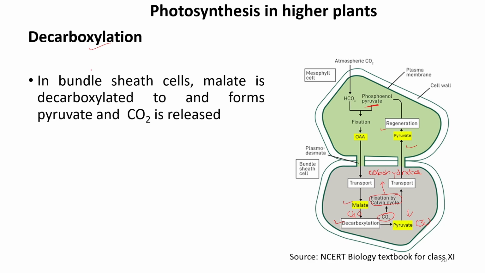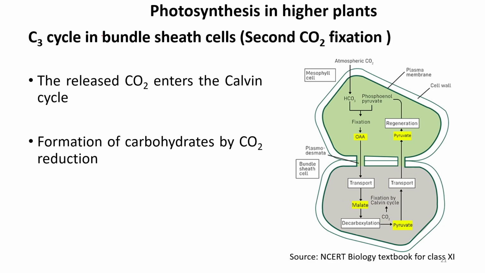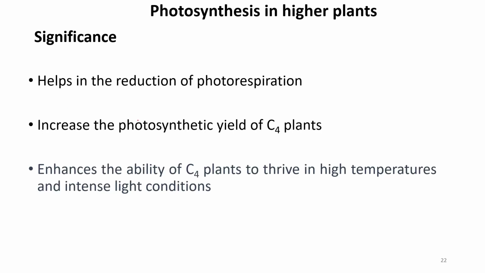Here I have written, where does decarboxylation take place? If someone asks you, in bundle sheath cells. In bundle sheath cells, malate is decarboxylated and forms pyruvate, and carbon dioxide is released. Then the released carbon dioxide enters the Calvin cycle and leads to the formation of carbohydrates.